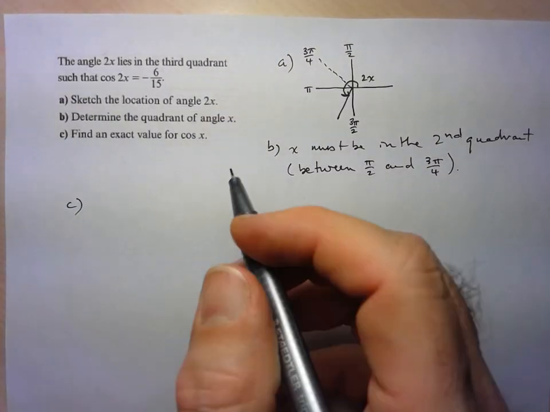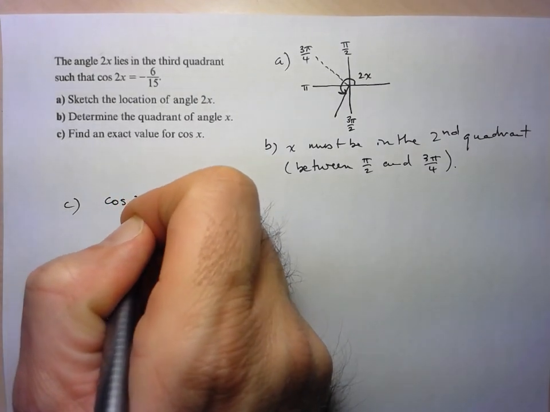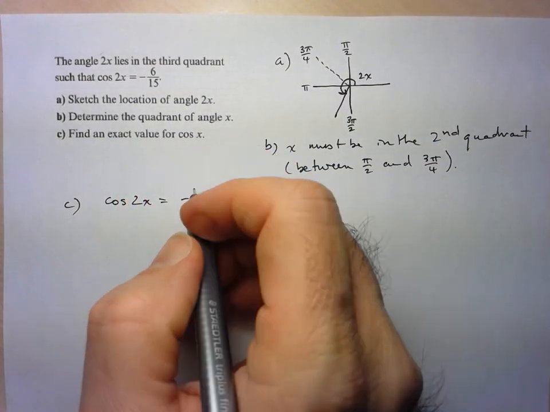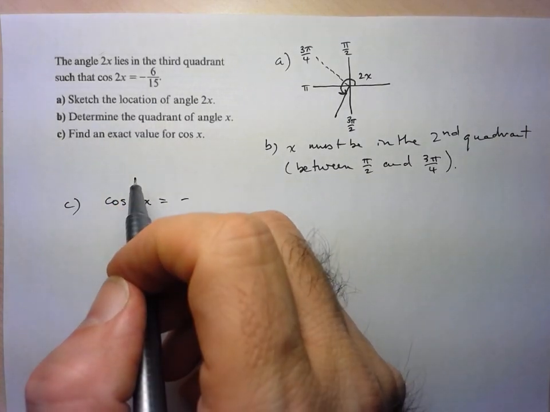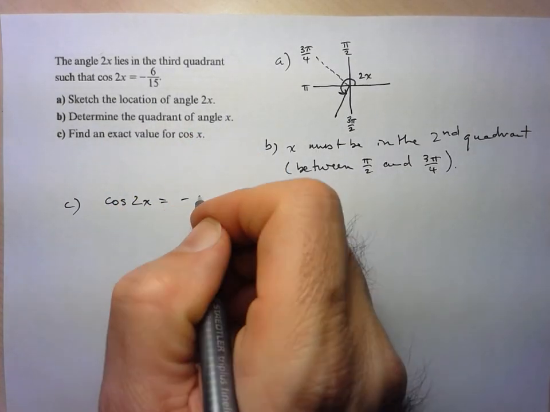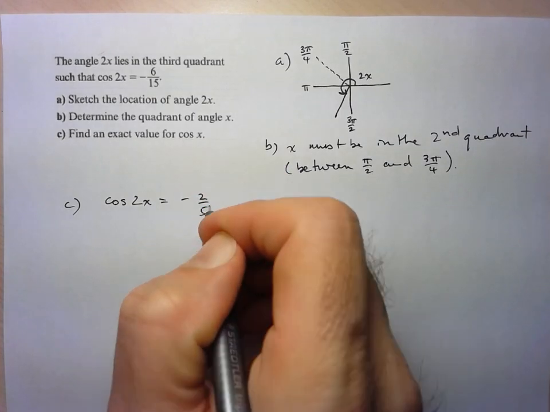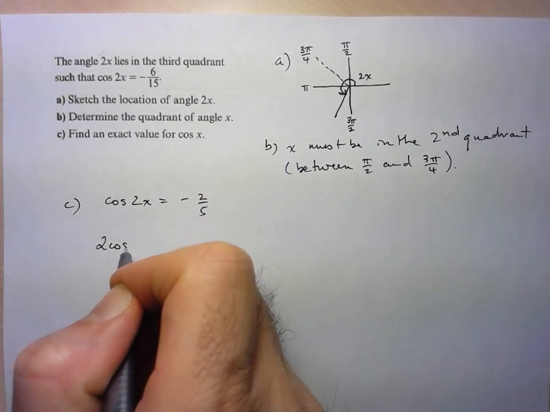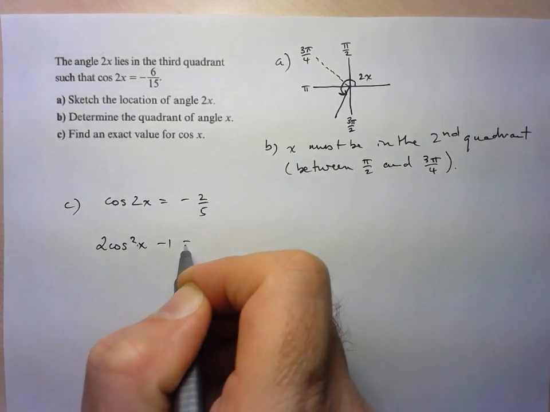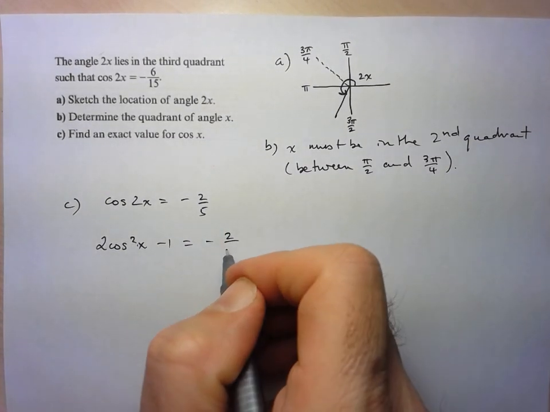All right, so here I know that cos 2x is equal to negative 6 over 15, which in fact we can simplify. Divide numerator and denominator by 3, so that's negative 2 over 5. All right, I know that cos 2x can be written as 2 cos squared x minus 1. So that's also equal to negative 2 over 5.